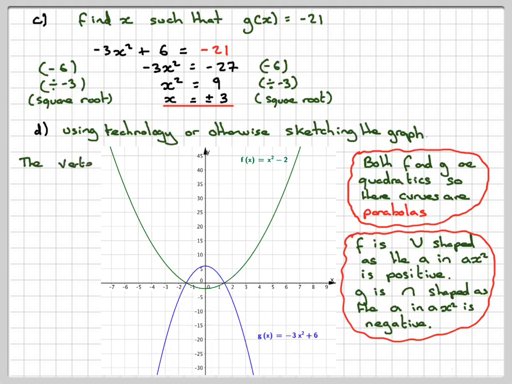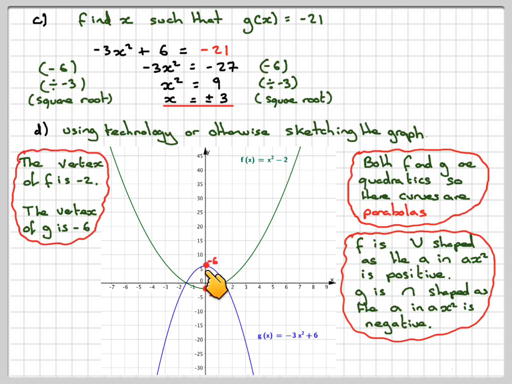The vertex of this one here is actually at minus 2. This point here on the quadratic is called the vertex. And the vertex on this one is here, which is at, sorry, plus 6.